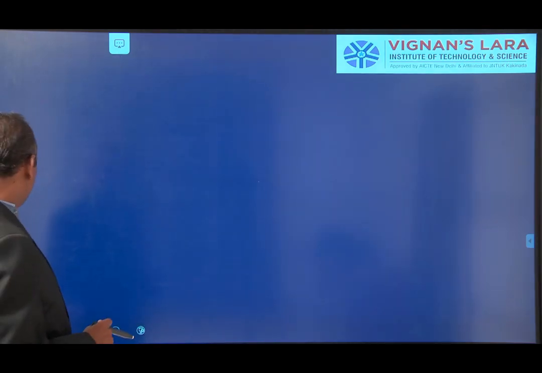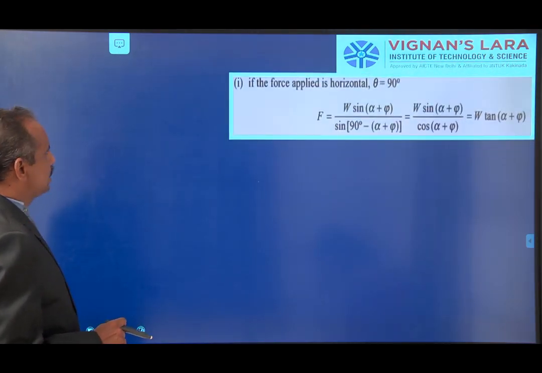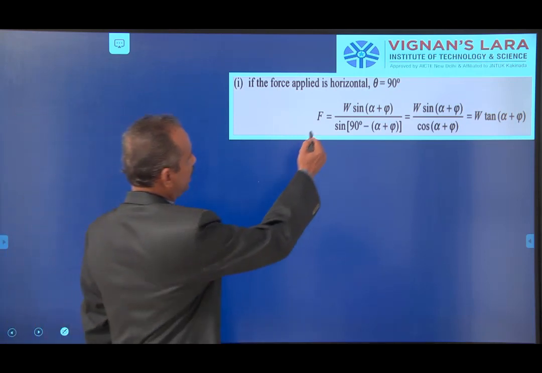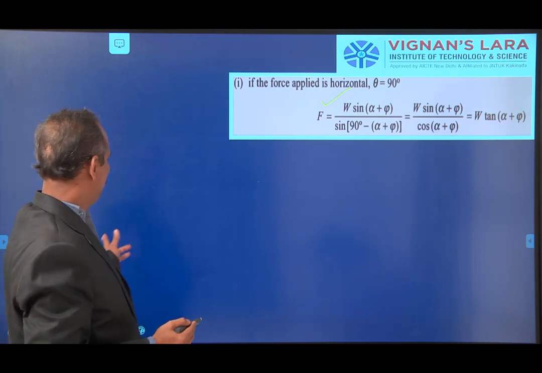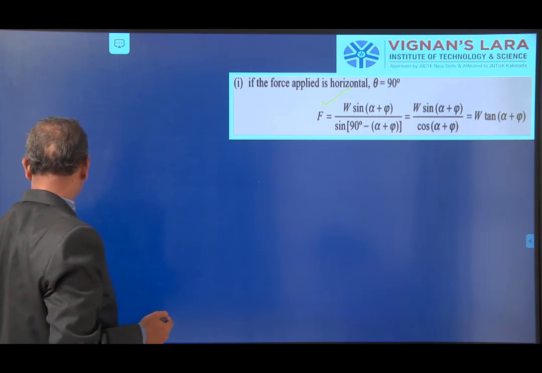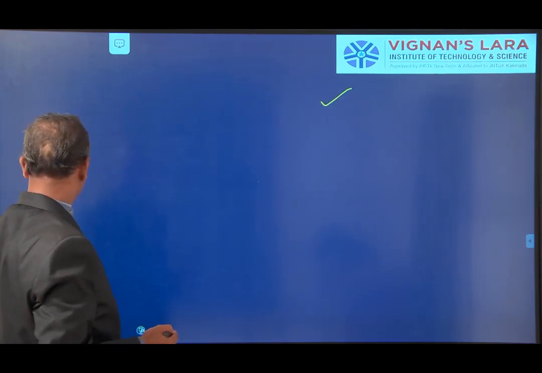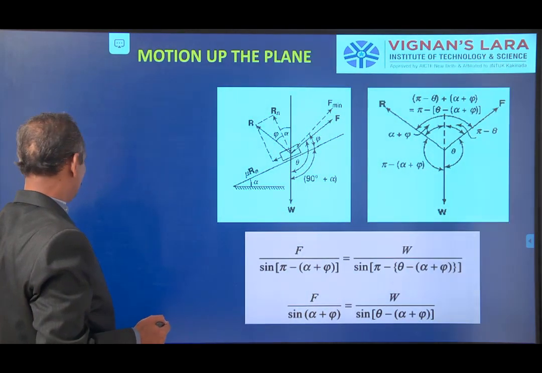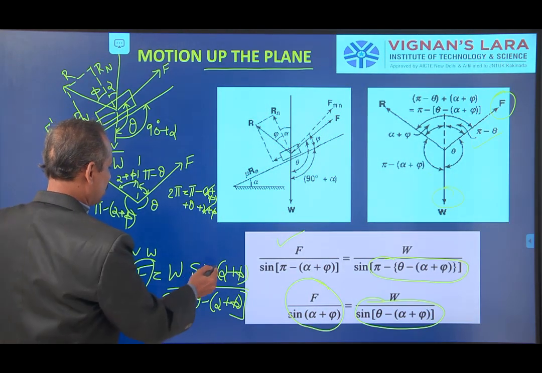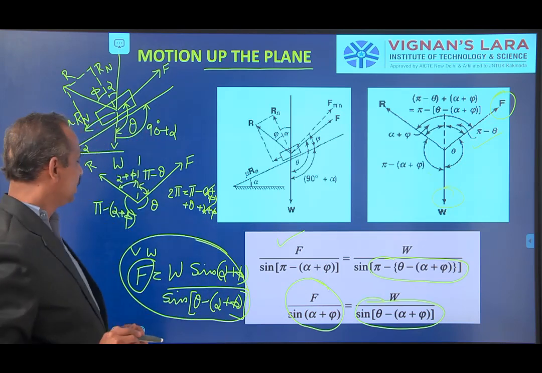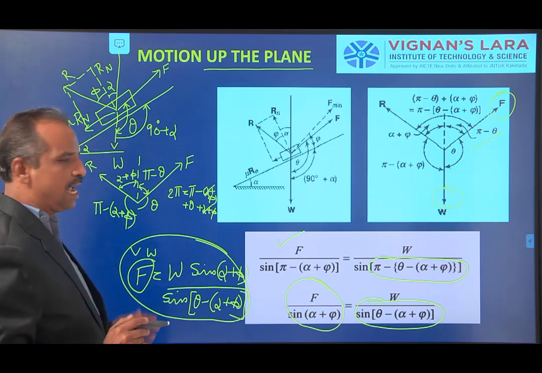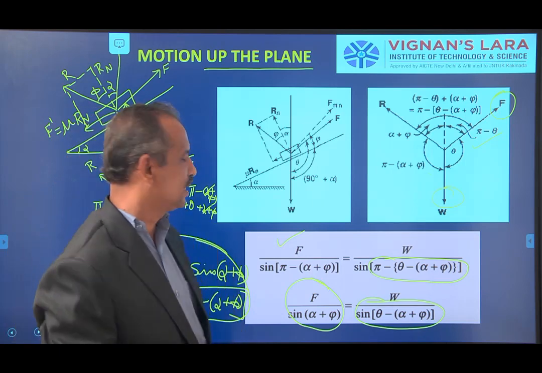This part is written once again here. F is equal to the previous equation. This is the equation. I am writing two cases.